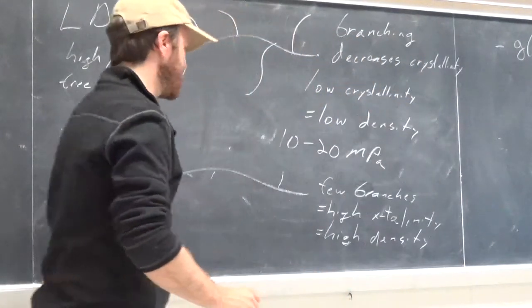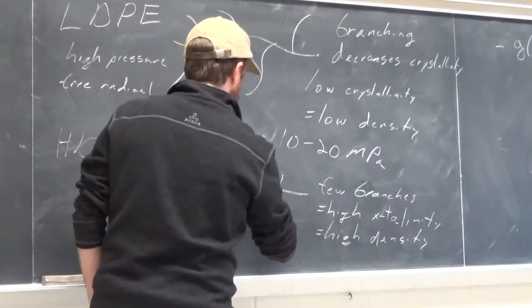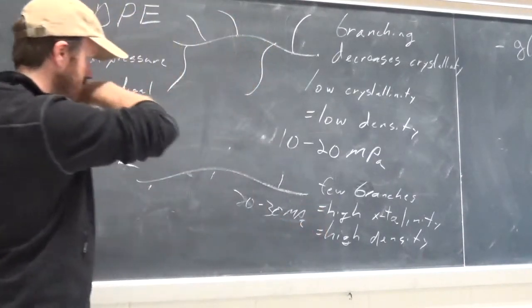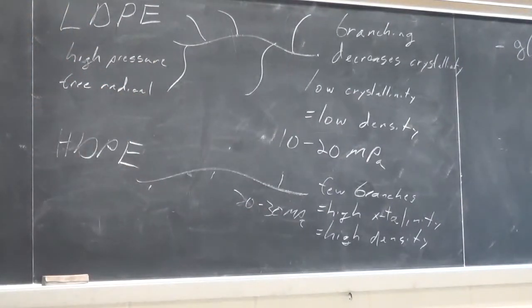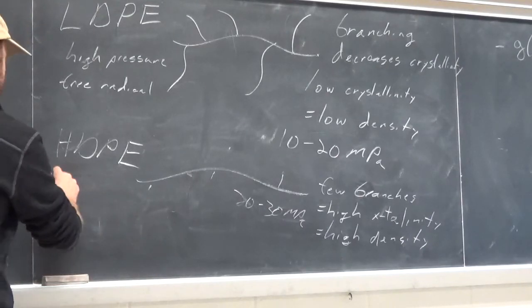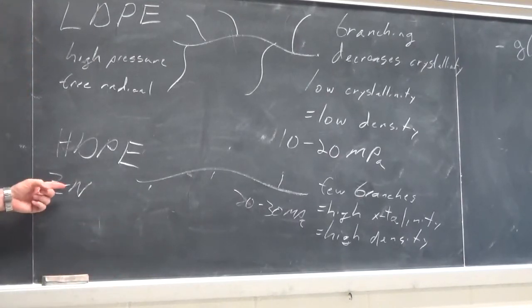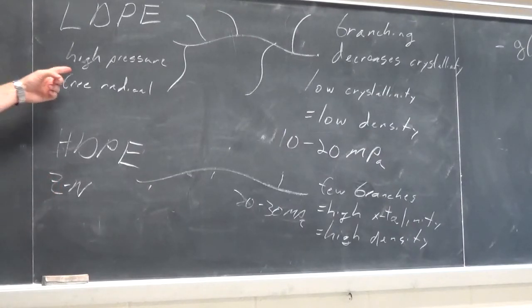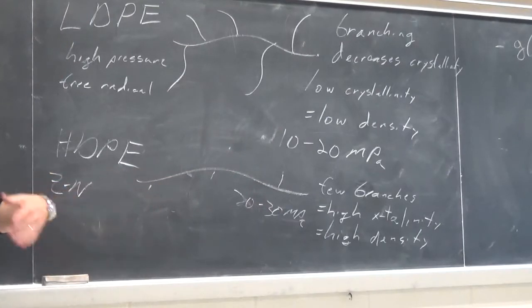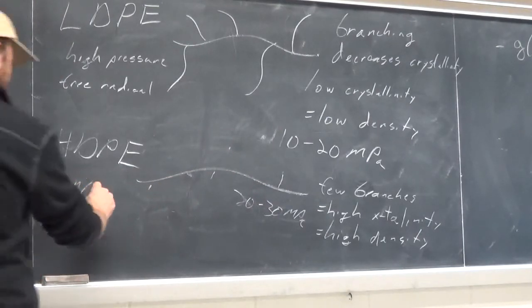And it's got a modulus of 20 to 30 MPa. Excuse me. And so, high density polyethylene, how is it made? Ziegler-Natta, right? Ziegler-Natta is a more controlled polymerization than free radicals, so we're not creating branching sites on the chain using this Ziegler-Natta coordination.